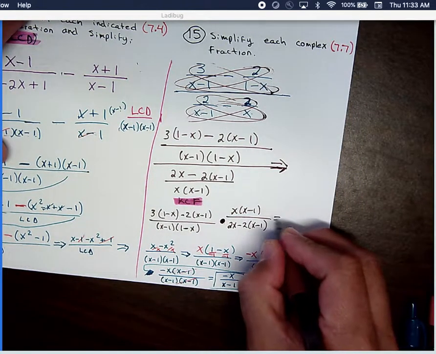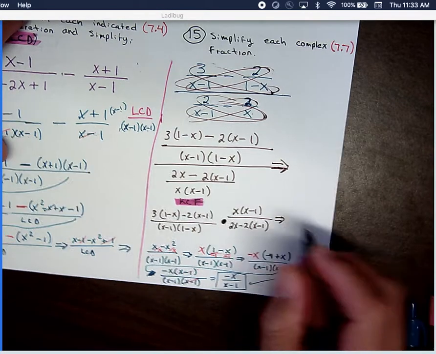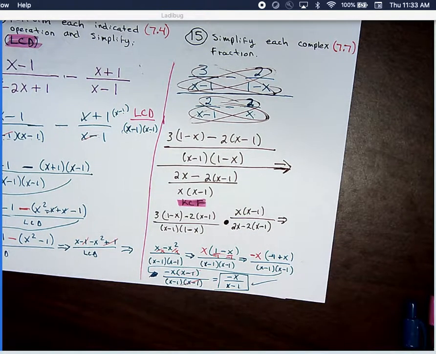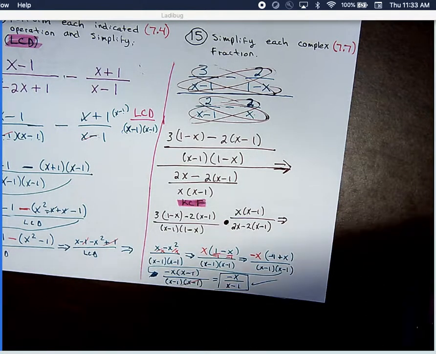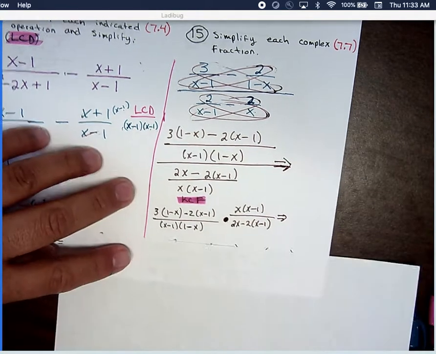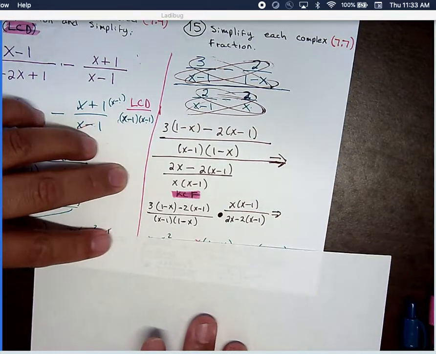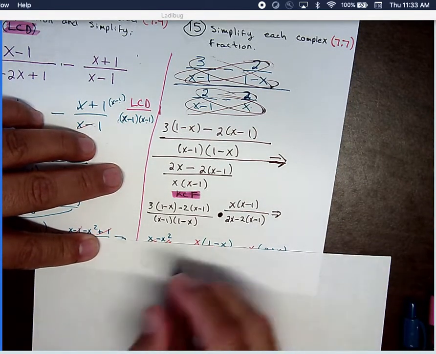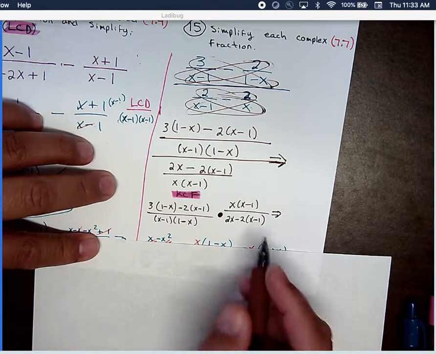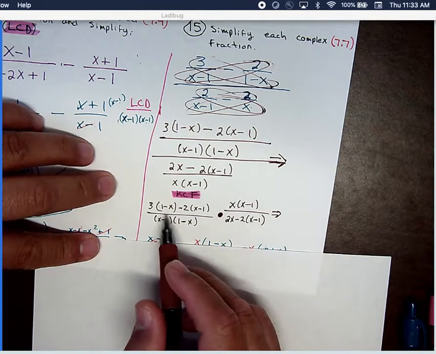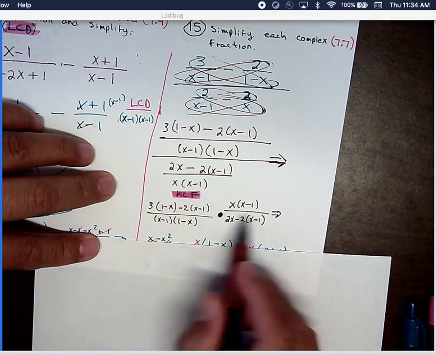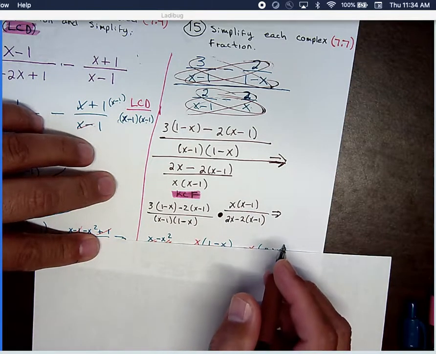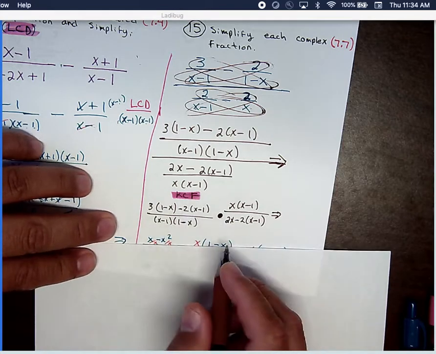Okay. And then I'm gonna have to get another paper because we don't have space there. So let's work with this one. So we're gonna have to simplify this and that. So we're gonna have to work it out.